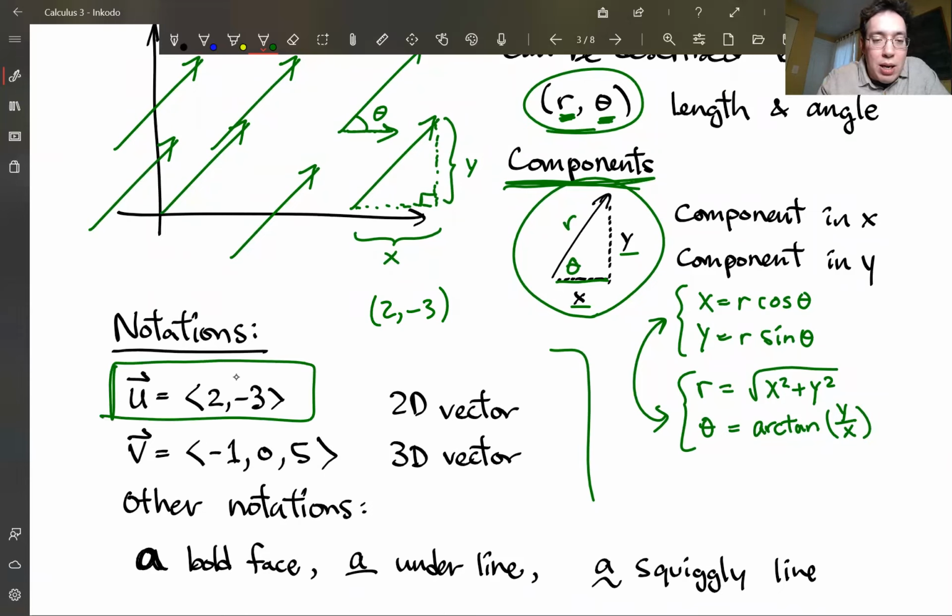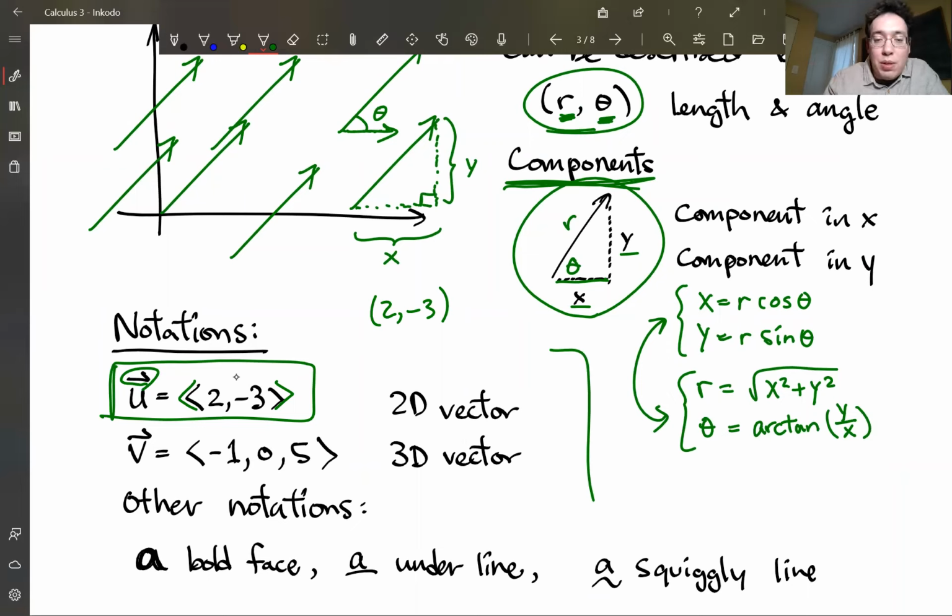Usually when we write vectors, we draw an arrow on top of the variable that we're using. So that's how we write it. The components are separated by commas, and put together with left and right angle brackets.